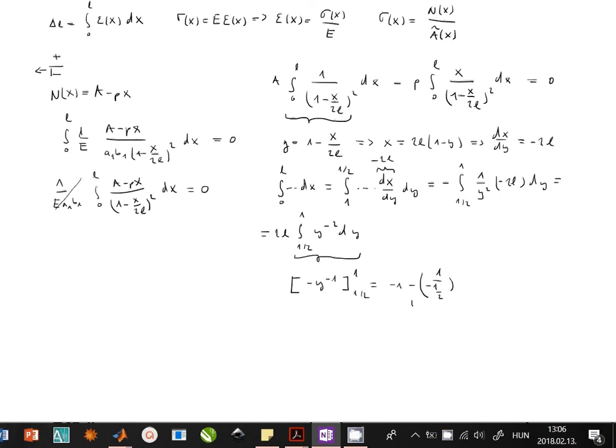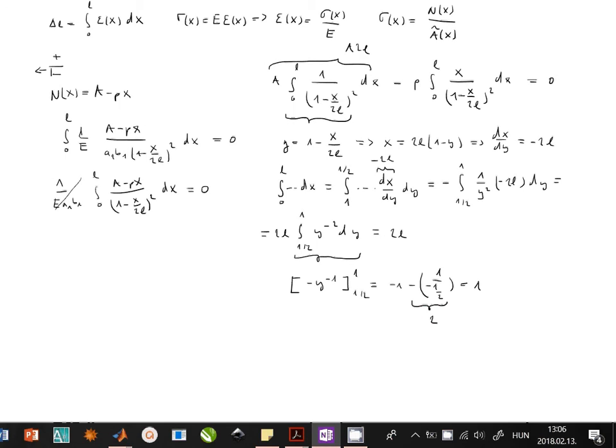So this will be 2. So finally we will have 1 for this integral. Thus we have 2L for this integral, but we have to multiply it with A. So the first part of this equation will become A times 2L.